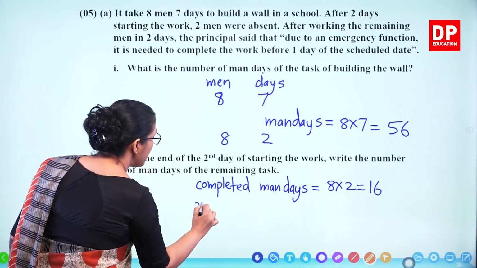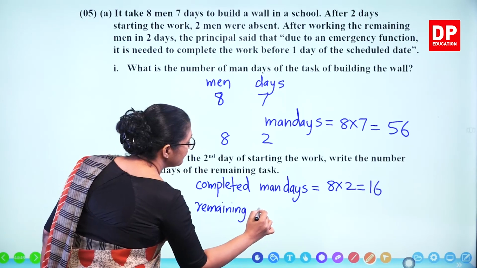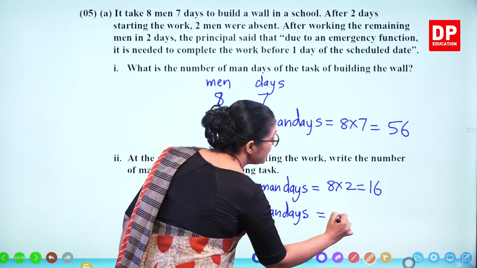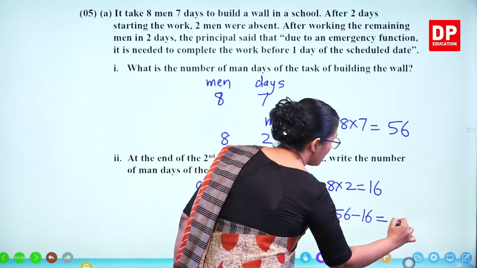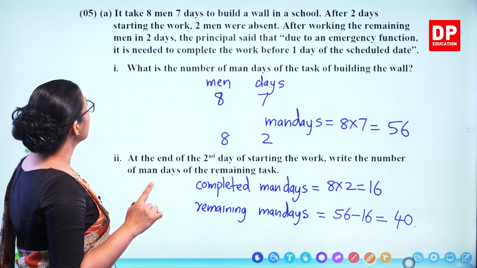So what's the remaining man days? Total man days 56, subtract 16, you get 40 man days remaining. So that's the second part.